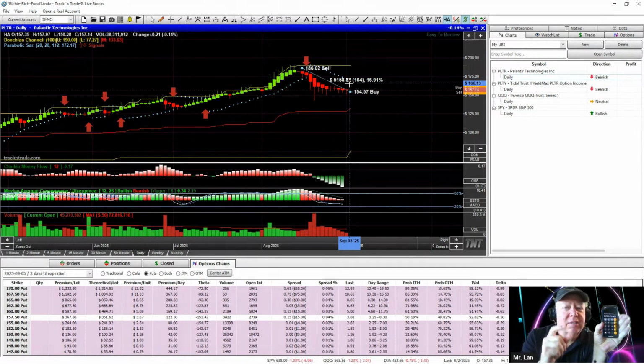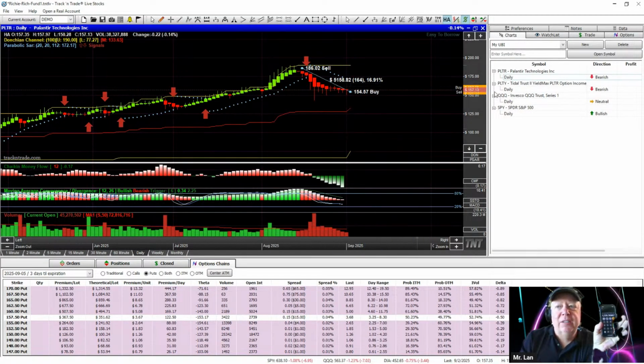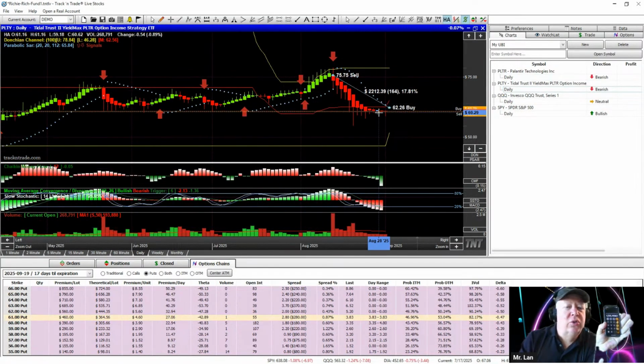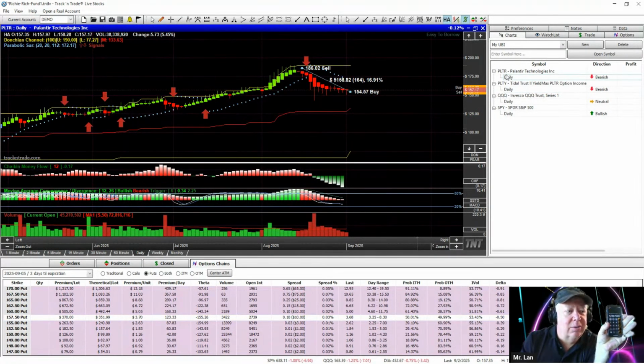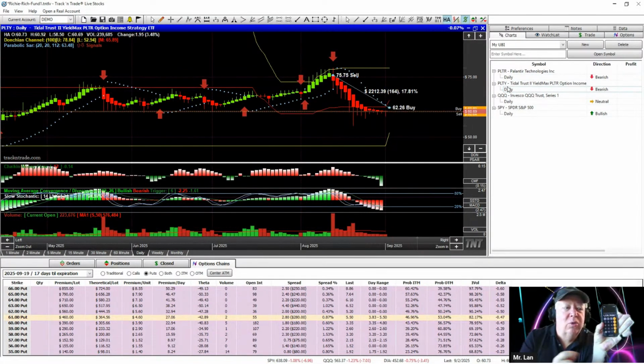The thing is that people forget. They're saying, well, you're in your PLTY and the market went down and you lost money. I'm saying, yes, but if you were in PLTR and the market went down, you'd have lost money too. And what you're not taking into consideration is that PLTR does not have a dividend to help you cover that loss. So you just have to ride through it and wait for it to come back, 3-4 months.